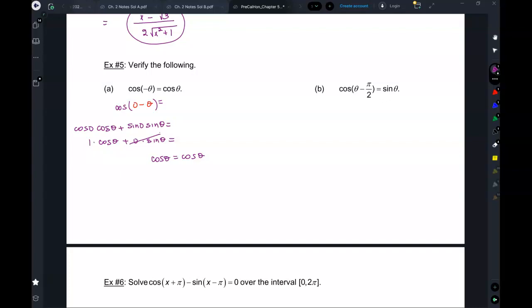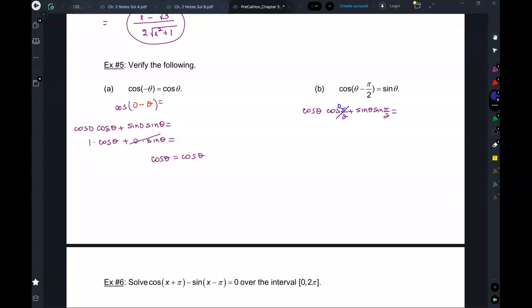Okay. So, cosine, cosine, plus sine, sine. We're going to see if, when all is said and done, this is going to equal sine of theta. So let's see. What's cosine of pi over 2? 0.